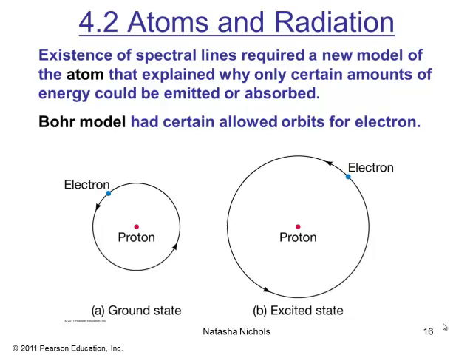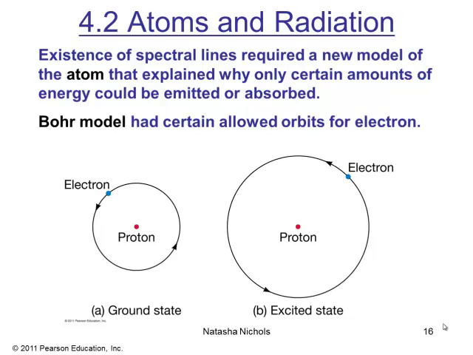Now I would like to talk about atoms and radiation. Once we discovered the existence of spectral lines, physicists realized that they needed a new model to explain how the atom behaves. And Bohr came up with a model that had certain allowed orbits for the electron.